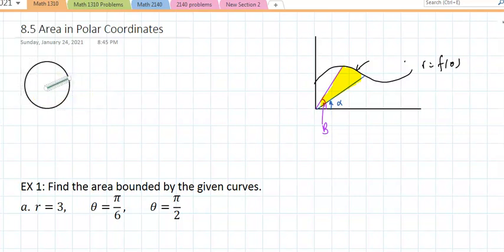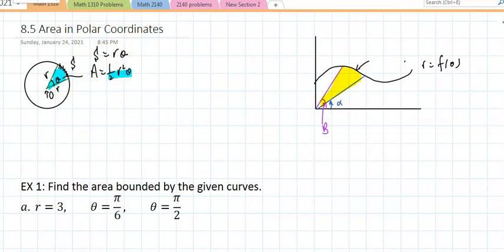If this is r, and the area of a sector where the central angle theta is centered at the origin, then the area that I'm desiring really is 1/2 r squared theta.